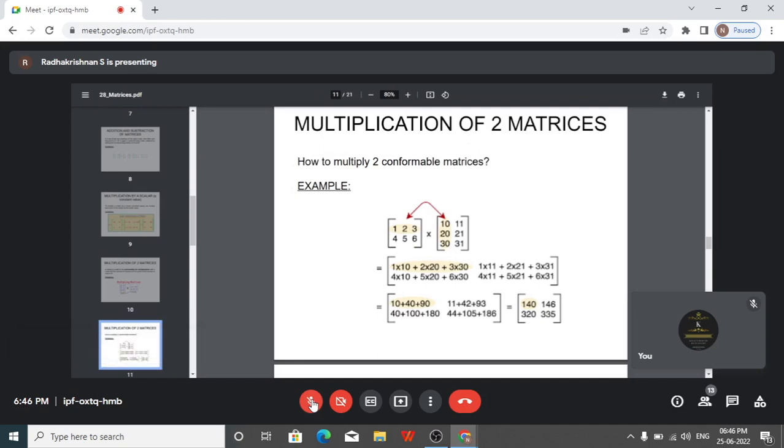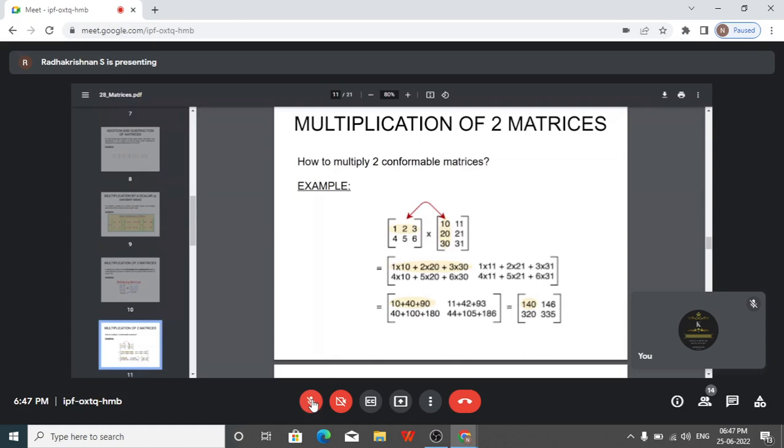இப்போ இதை மல்டிப்ளை பண்ணும்போது we are multiplying the first row of the first matrix and first column of the second matrix அப்படின்னா அந்த element that will be the 1,1 element in the resultant matrix. Okay, இப்போ பார்த்தீங்கன்னா இதை மல்டிப்ளை பண்ணால் you get 140.